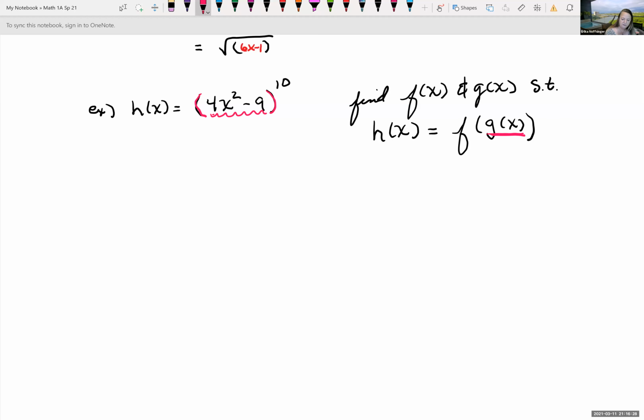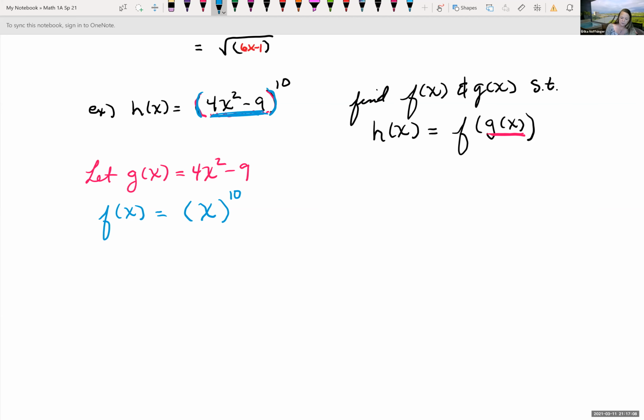So we're going to choose our inner function g of x to equal this 4x squared minus 9, which means my outer function, f of x, is going to equal, well, wherever I see the inner function, I'm just going to write x there. So I'm going to put x here.